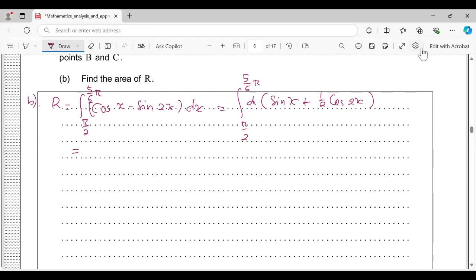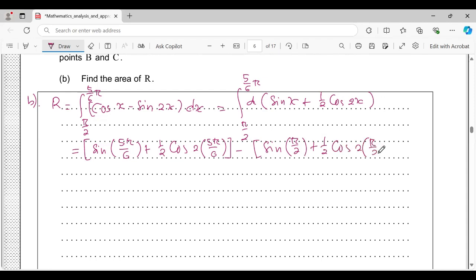And it is sine 5 pi over 6 plus half cosine 2 times 5 pi over 6, minus sine pi over 6 plus half cosine 2 multiply pi over 6.